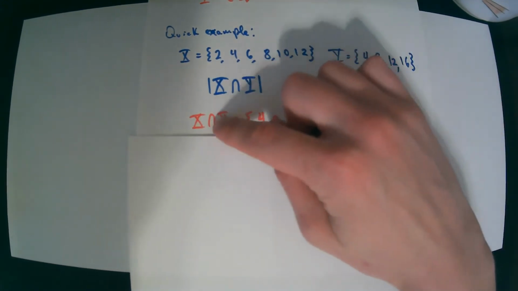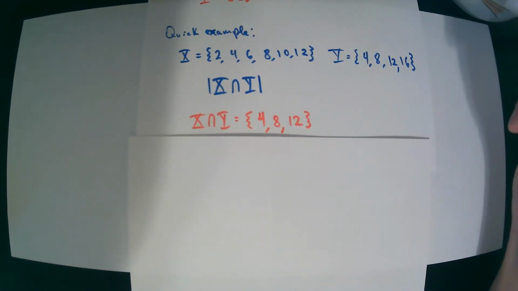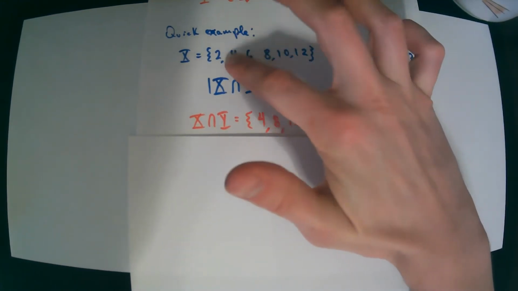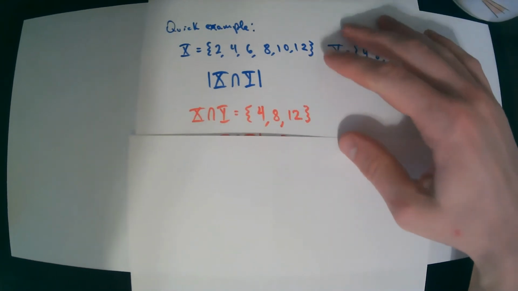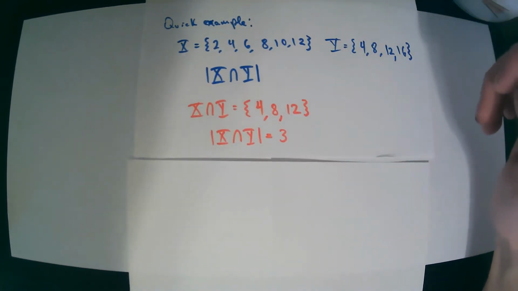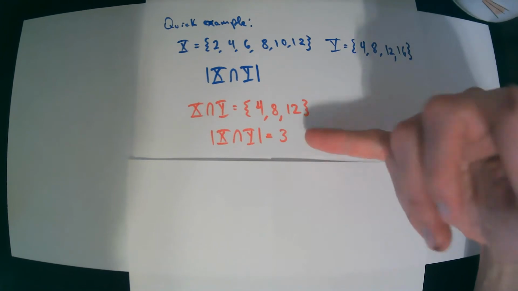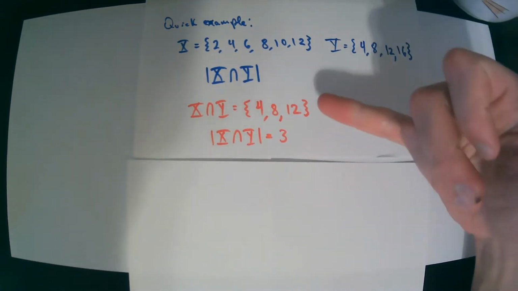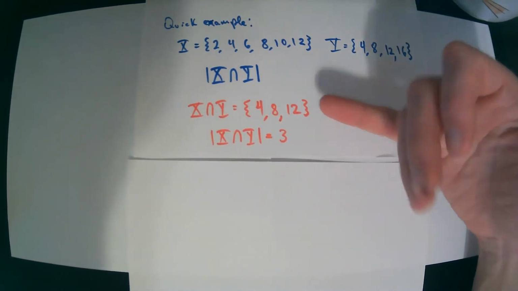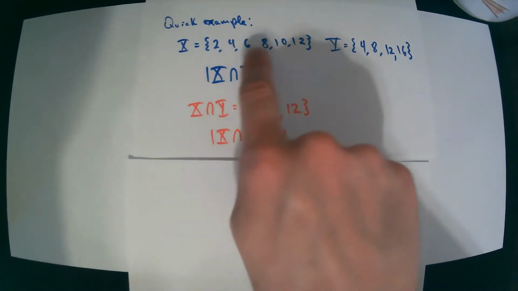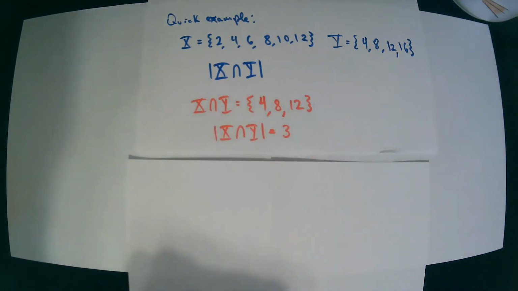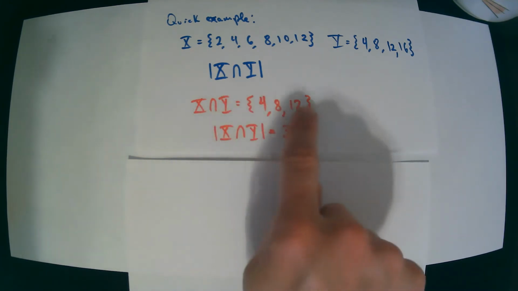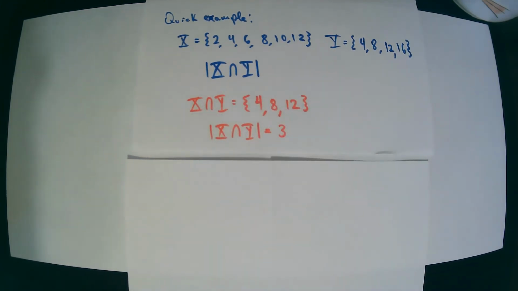First, what I did is I actually found their intersection. So their intersection is the numbers 4, 8, and 12, because those are the numbers they have in common. But they wanted the cardinal number of their intersection, and the cardinal number of their intersection is 3. So you don't have to find the set first necessarily, because it's fairly easy to just look at these and say, oh yeah, 4, 8, 12, that's 3. But I just like to be complete in my answers, excuse me, and write the entire set first, and then write its cardinal number.